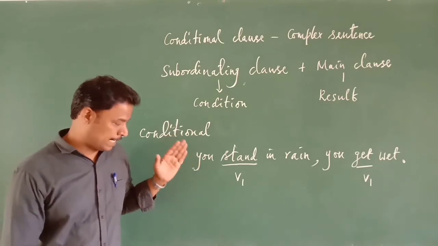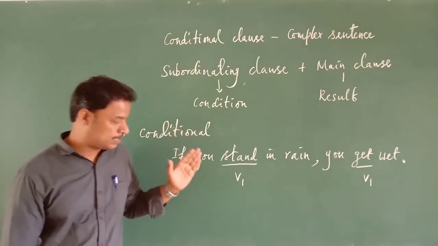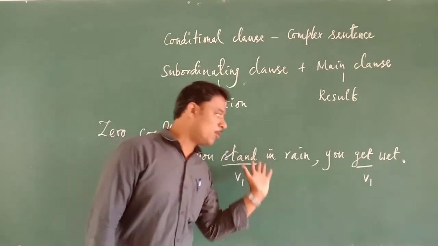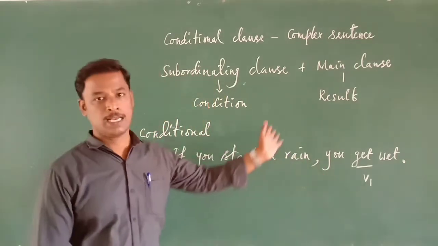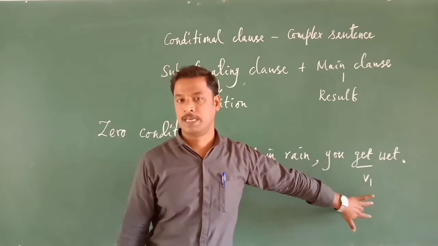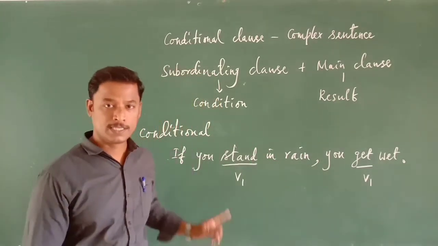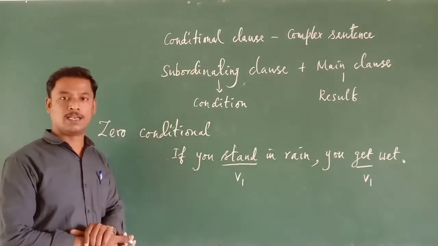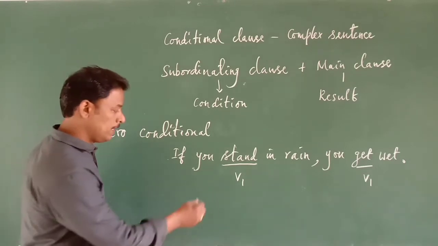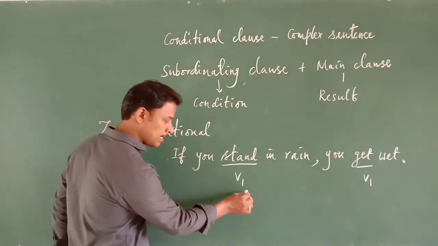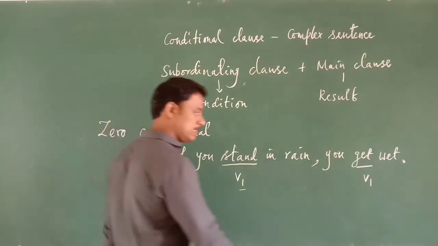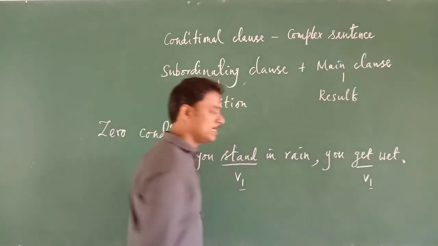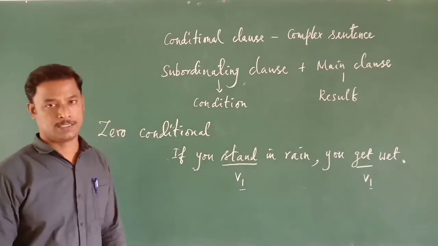So, if a conditional clause has the same tense form in both clauses, the subordinating clause as well as the main clause, that is called zero conditional. This subordinating clause contains verb 1, that is present simple. Likewise, this main clause contains the same tense form.